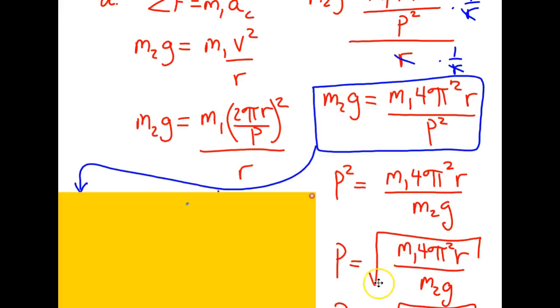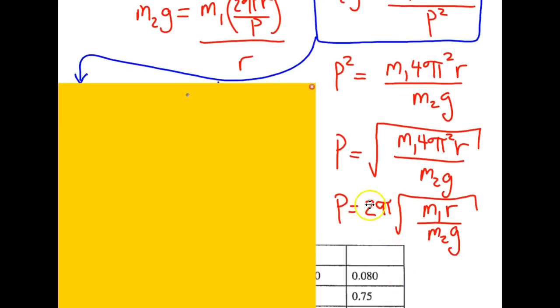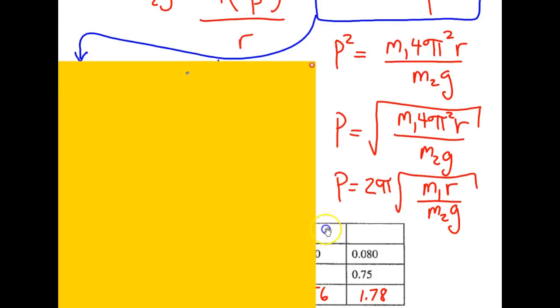So P is now the square root of m1 4 pi squared r over m2g. They want the 2 and the pi pulled out in front of the radical. So the square root of 4 is 2, square root of pi squared is pi. That's how they get 2 pi times the square root m1r over m2g. And there's your derivation.